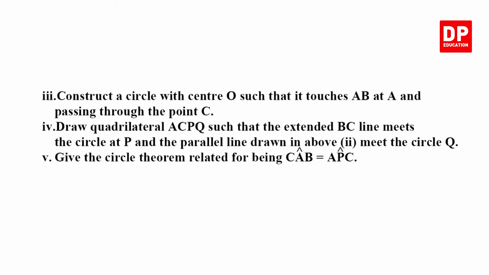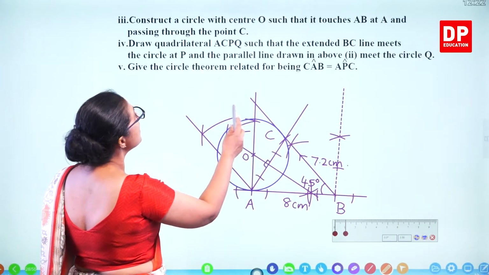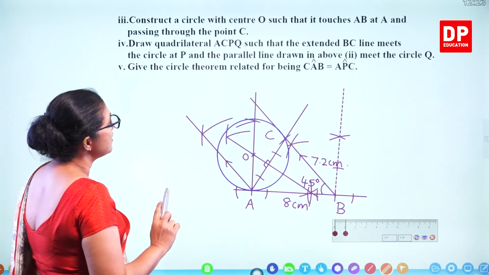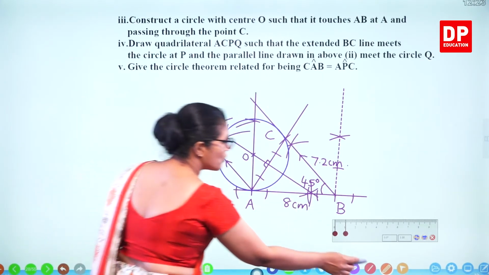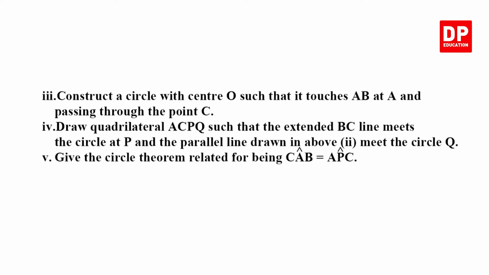Now look at the next part. Draw quadrilateral ACPQ such that the extended line of this should be AO. So this is AO.